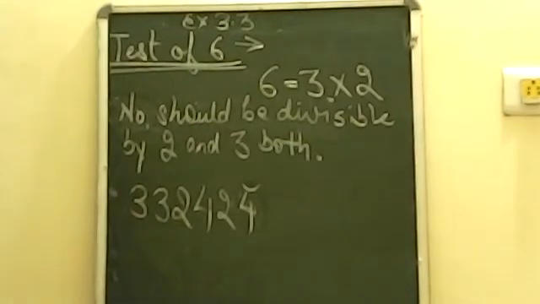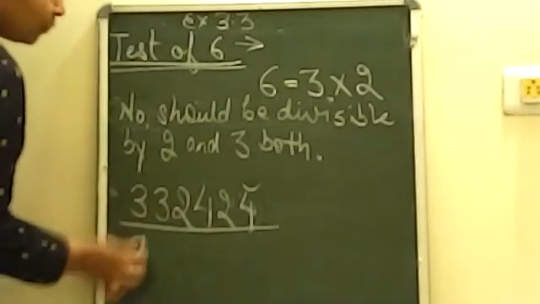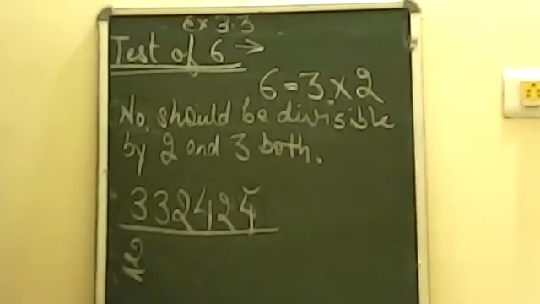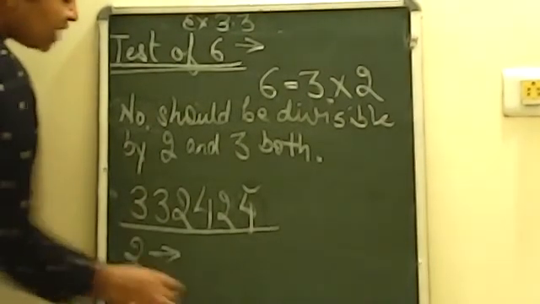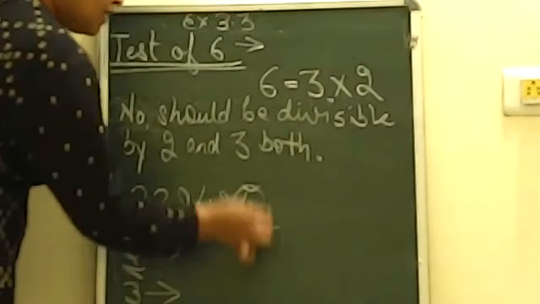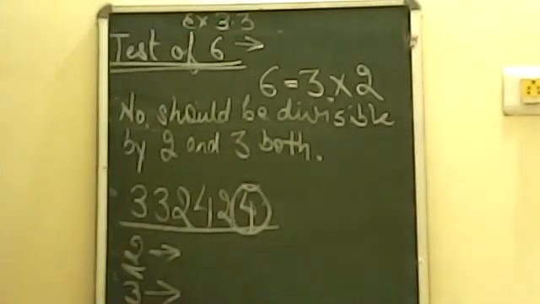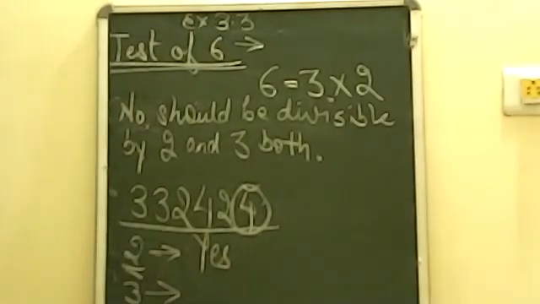If you see this example, let us check this test for 2. सबसे पहले इसको चेक करते हैं 2 के लिए, ठीक है, उसके बाद हम चेक करेंगे 3 के लिए. So if we are checking the test of 2 over here, you can see the last digit is 4. It means it is an even number. So yes, it is divisible by 2.